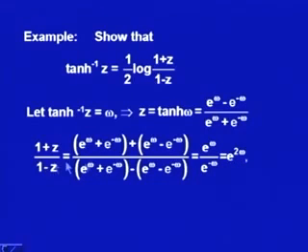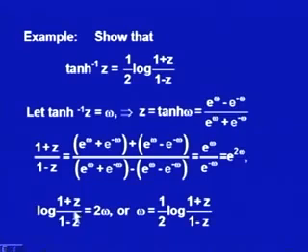Taking log on both sides, we get log of 1 plus z over 1 minus z is equal to 2w, and simplifying it, w is equal to half of log of 1 plus z over 1 minus z. So, this is what we had to prove. That is how we apply various operations on tangent hyperbolic functions and log functions.